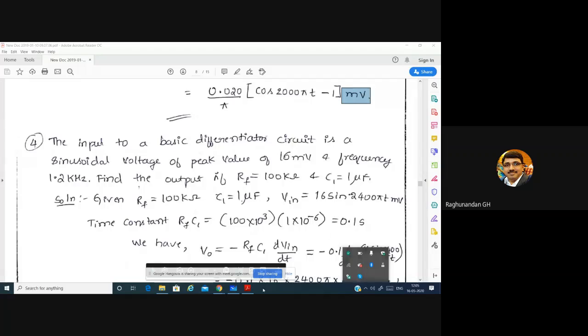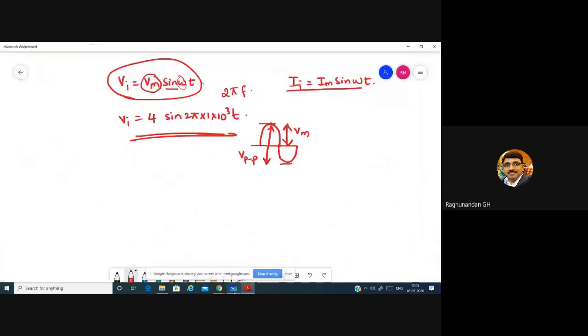Here I think you have the idea of tau. Tau is nothing but time. Another way it is torque, but with respect to circuits, we take it as time constant. So tau is equal to RC.